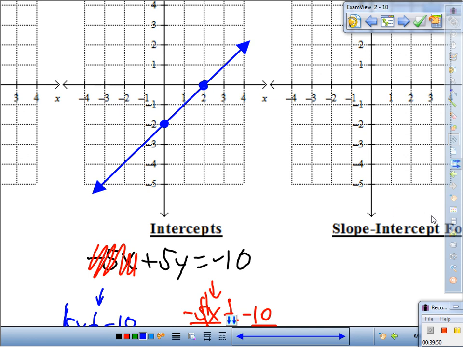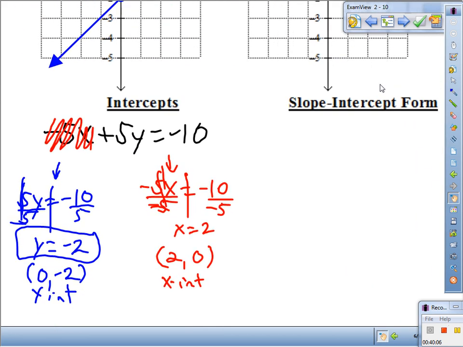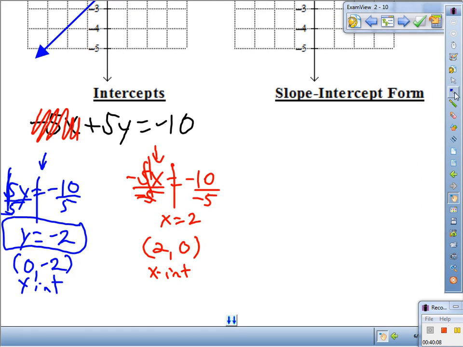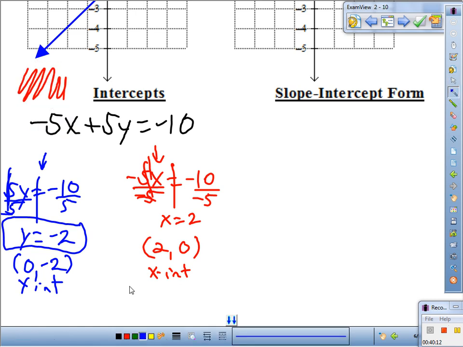Next, we got that one. I want you to go to the one on the right where it says Slope-Intercept Form. And I want you to write the same equation again. Let's write negative 5x plus 5y equals negative 10. Is this in slope-intercept form?